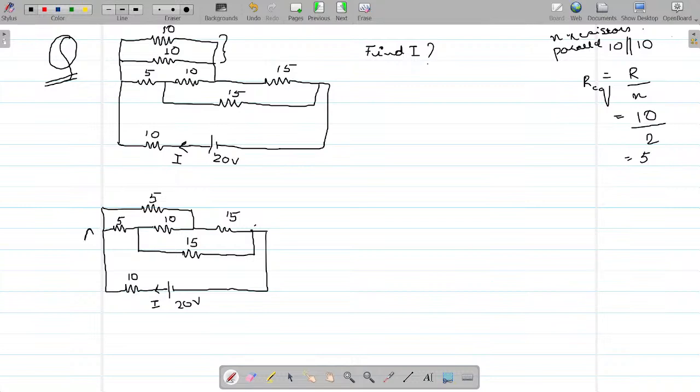I am naming this node A. Let us name this one B, this one C, and this one D. Now, between A and B, I see a resistance. And the value of resistance is 5 ohm. Right?